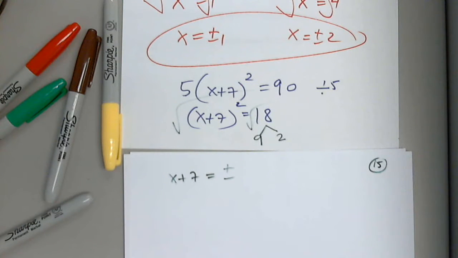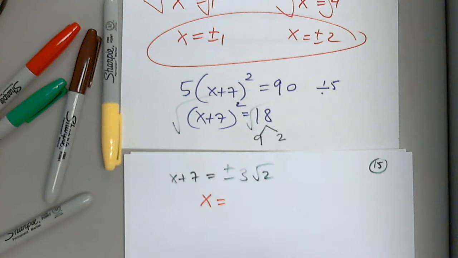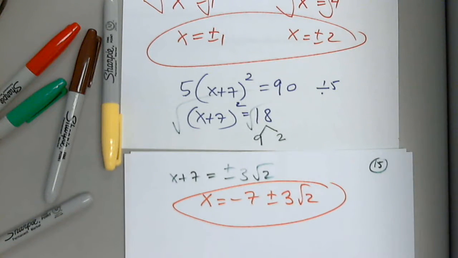The square root of 9 is 3. And the square root of 2 cannot be changed. Final simplified form will be x equals. Very good. Negative 7 plus or minus 3 square root of 2. Okay, 1 minute.